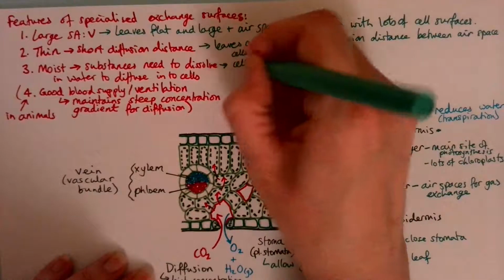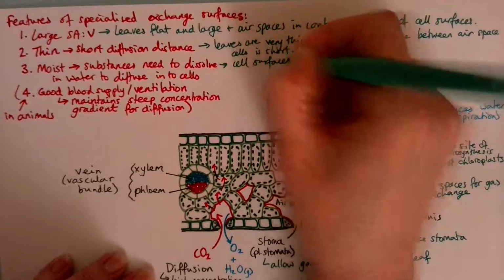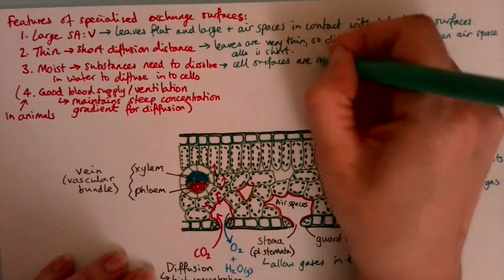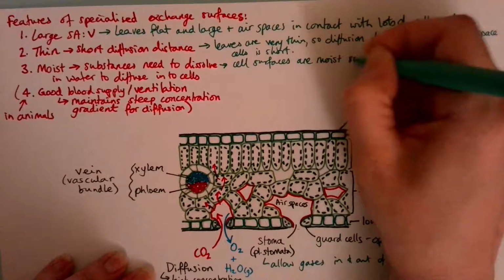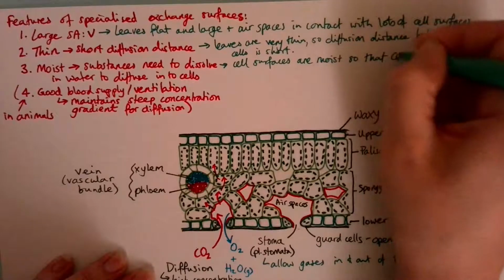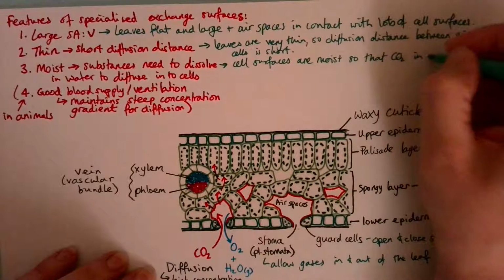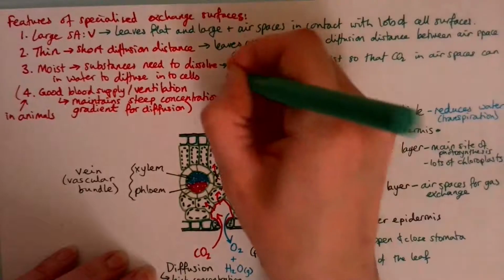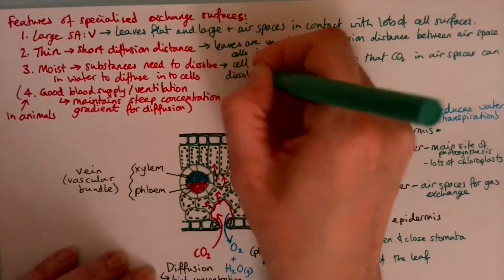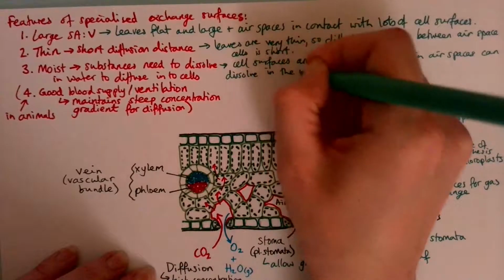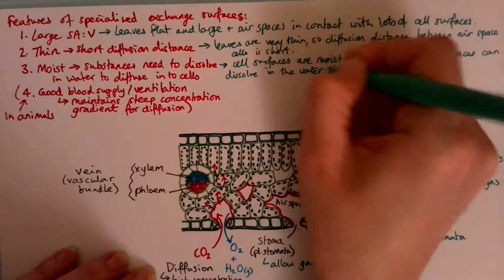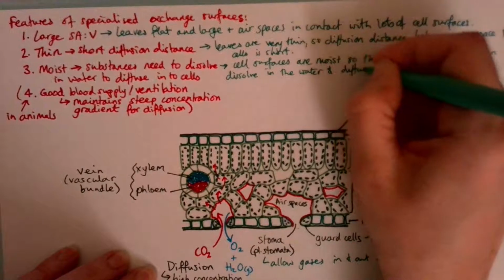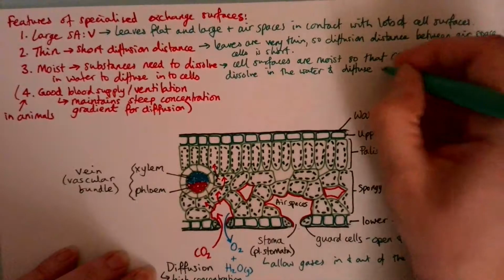So cell surfaces are moist, so that carbon dioxide in the air spaces can dissolve in the water and diffuse into the cells.